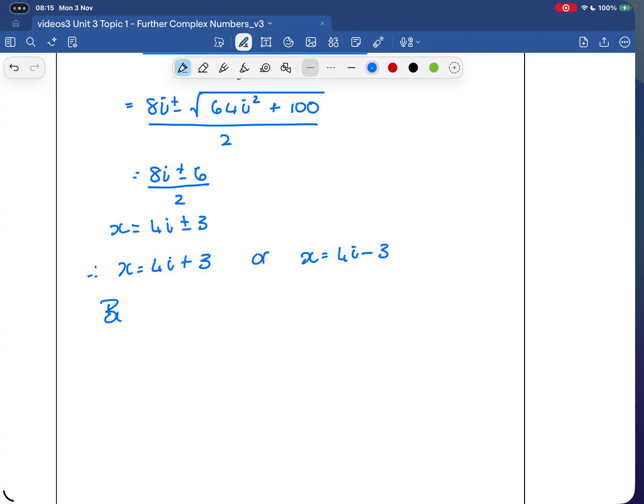But I'm not solving for x, I'm solving for z. So x is equal to z squared. So therefore, z squared is going to be, and let's get it in the form that we're used to, 3 plus 4i, or z squared is going to be negative 3 plus 4i.